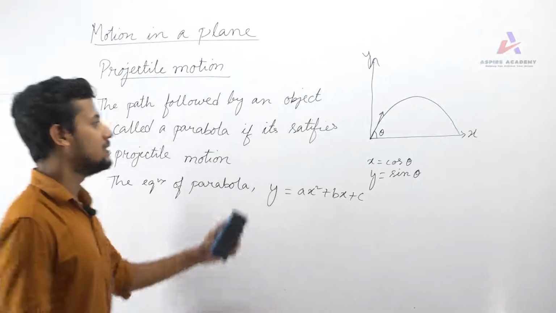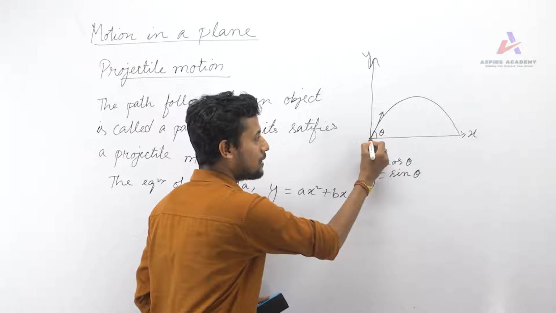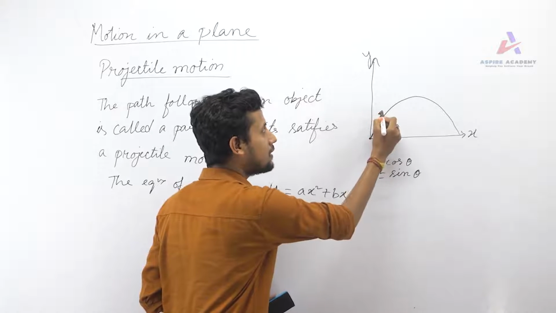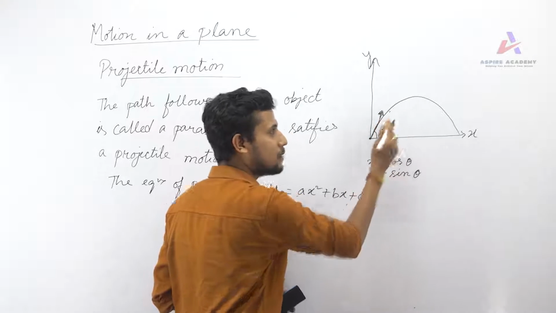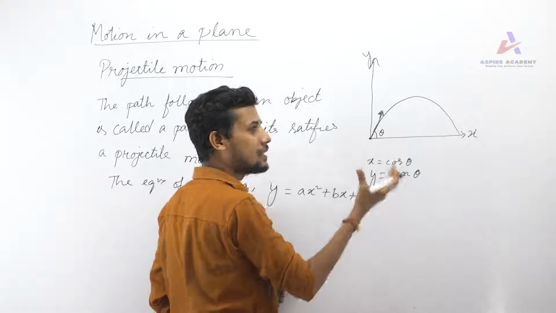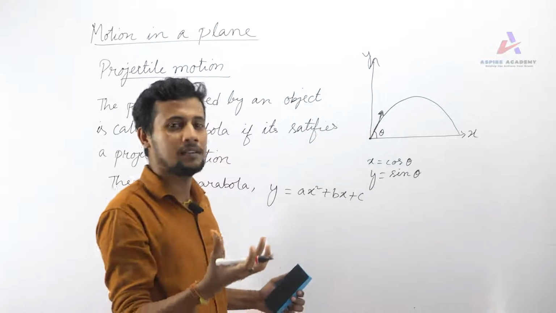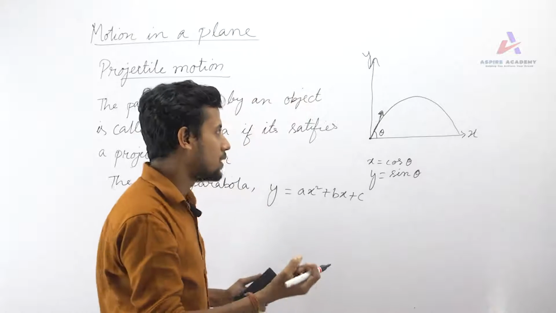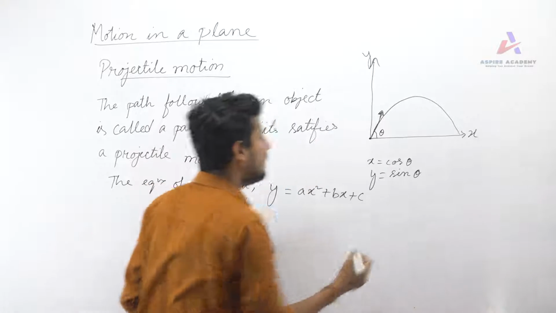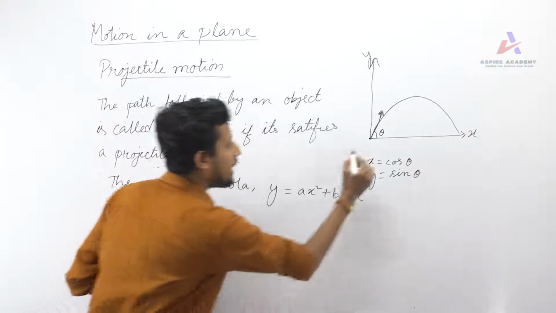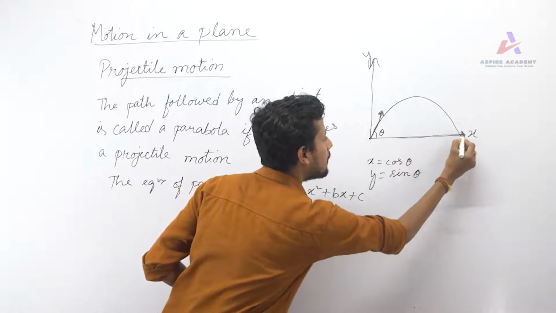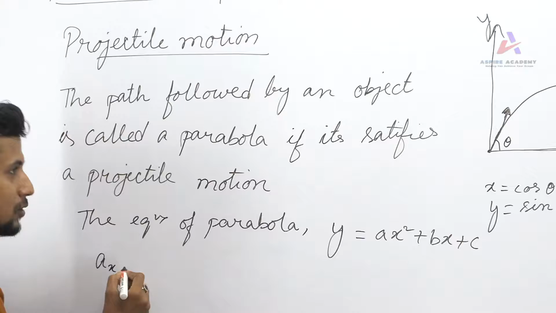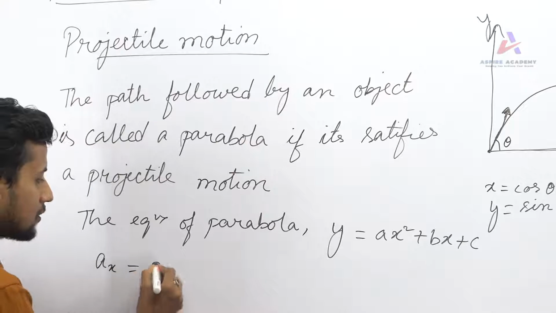Now, since the object starts from here, the object is under the influence of gravity. When the object is moving upwards, the gravitational pull, that is the acceleration due to gravity, will try to pull the object downwards. Since along the x-axis there is no change in acceleration, along the x-axis we can write ax equals 0.